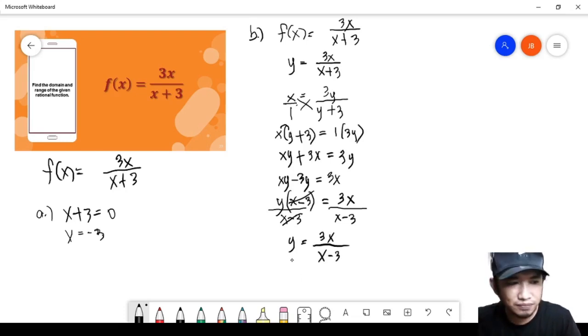And then, change the value of y into f of x. Ay, hindi. Ganyan lang. Ganyan lang. So, that is your value of y.